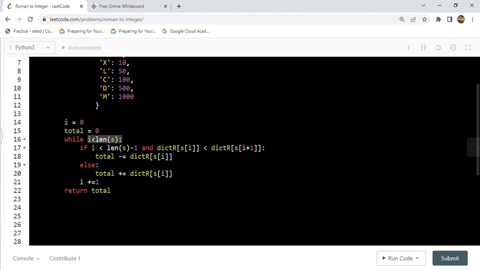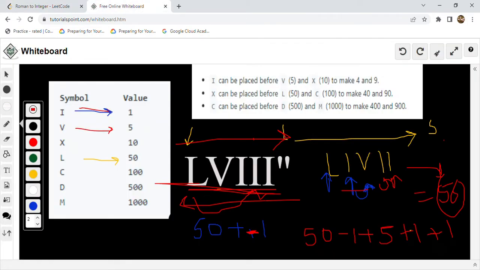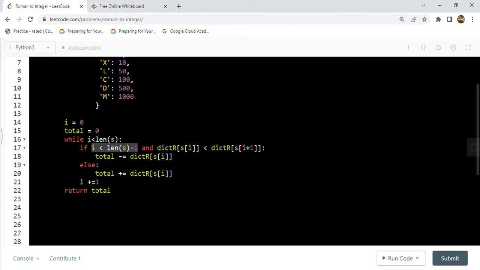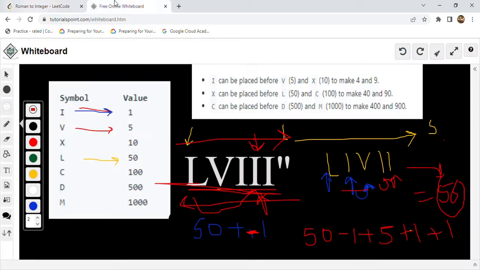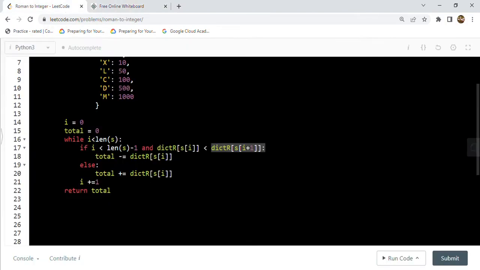Now what will we check? We will check if i is less than length of s minus 1. We will check this if condition, that is, dict of s of i is less than dict of s of i plus 1. Okay, is the value at this index less than the value at the next index?